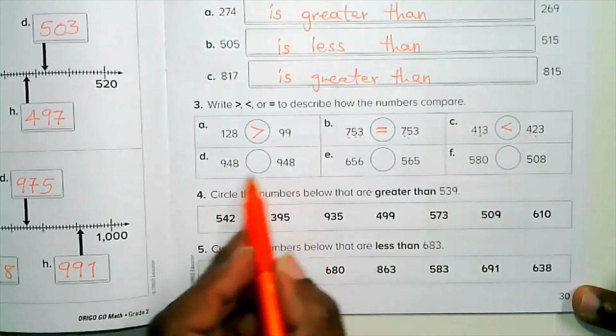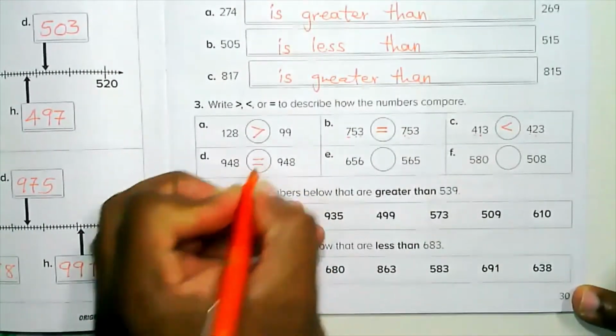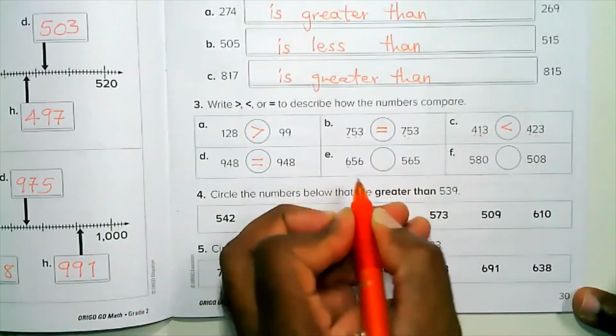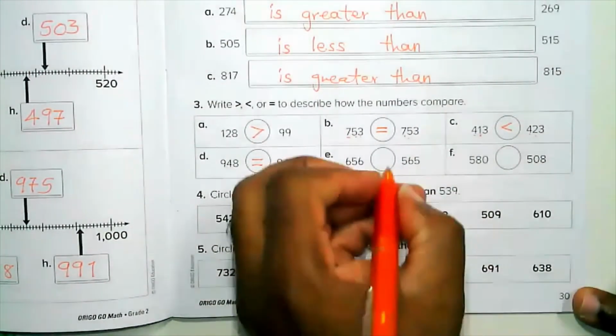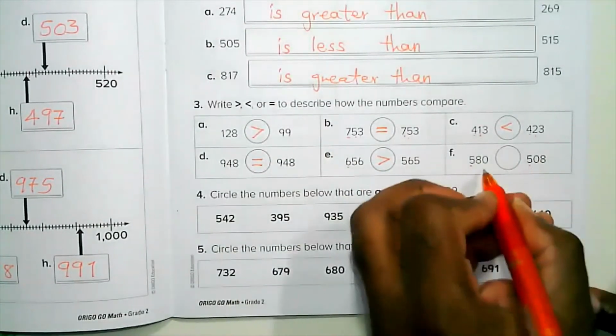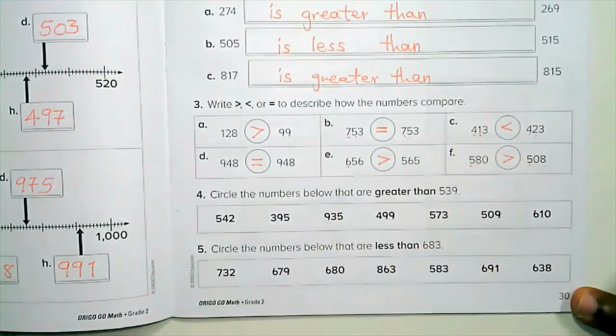The same 900, the same 4 tens, the same 8 ones, so it's equal. 600 is greater than 500, so it's greater than. The same 500, 8 tens is greater than 0 tens, so put greater than.